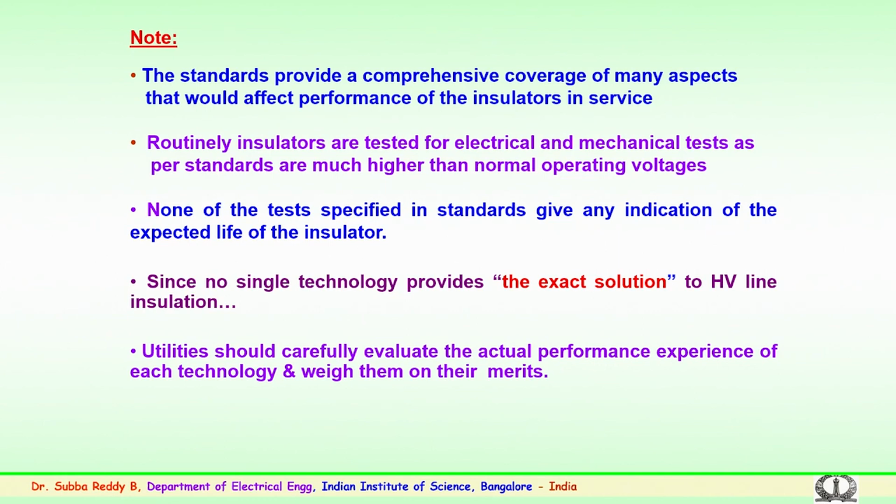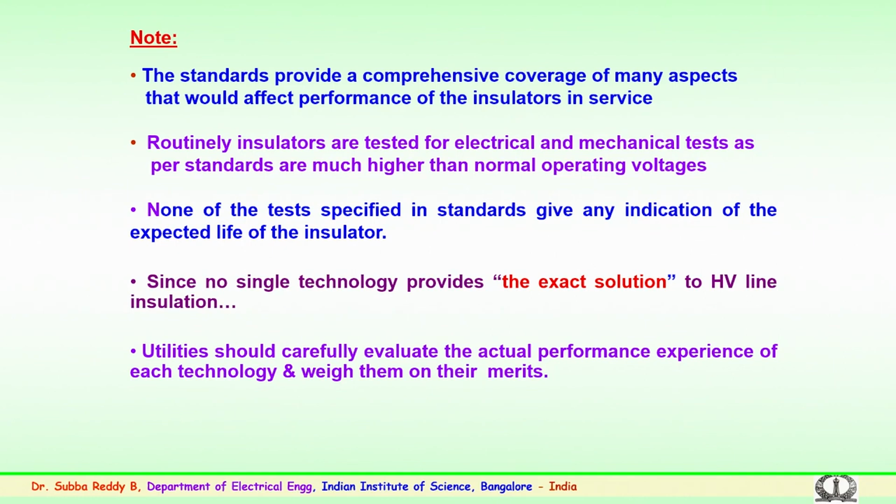So, since no single technology could provide the exact solution to the high voltage line insulation, the utilities or the power suppliers should carefully evaluate the actual performance experience of the above technologies.